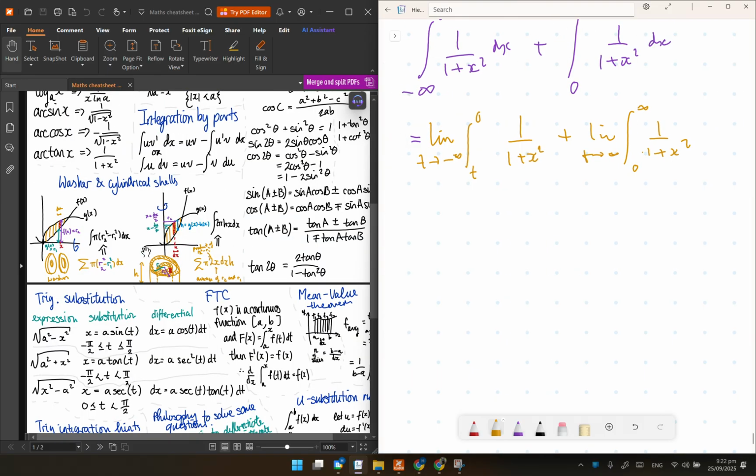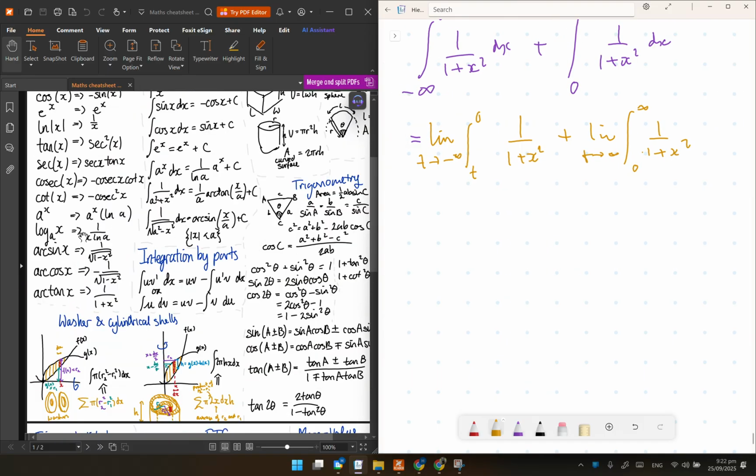If you look over here on the left side, you see that the differentiation of arctan gives you 1 over 1 plus x squared, meaning the integration of 1 over 1 plus x squared gives you arctan.